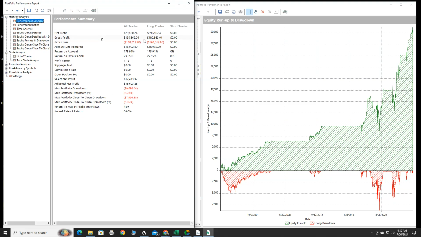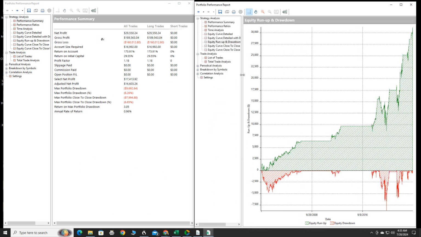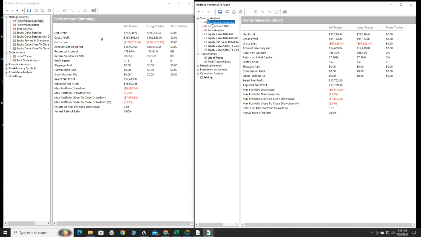And it actually made 29,000. Had you used the performance, it made 27,000. It made a little less money, but you got to remember your portfolio drawdown was 8.26. You had a less drawdown in your portfolio.